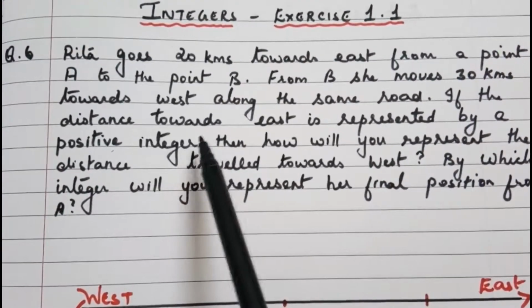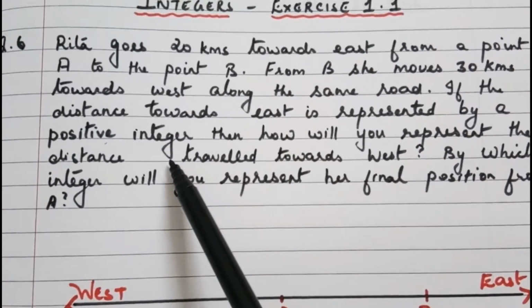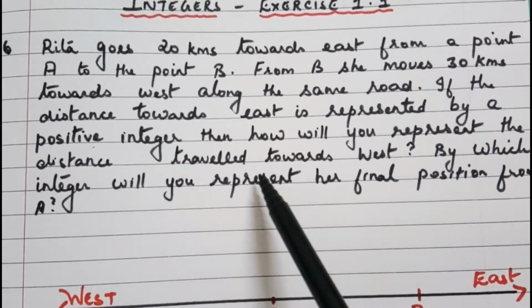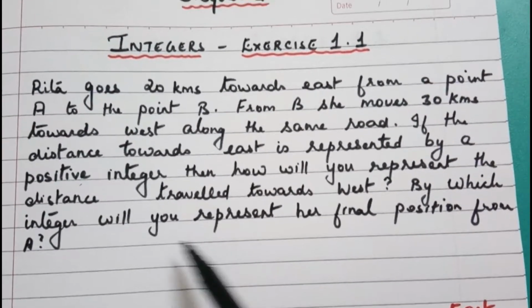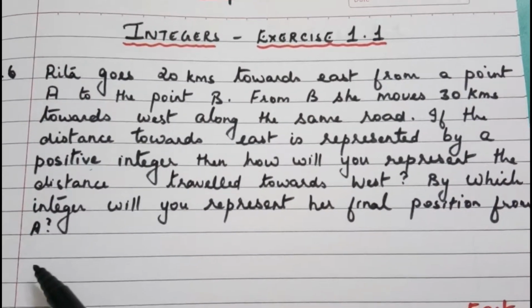If the distance towards east is represented by a positive integer, then how will you represent the distance travelled towards west? By which integer will you represent her final position from A?